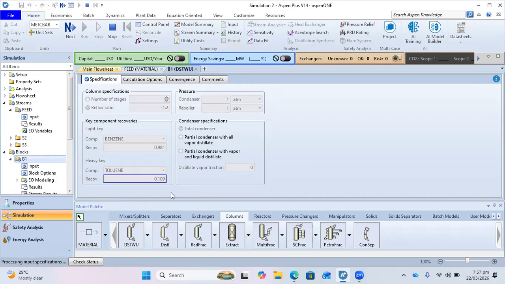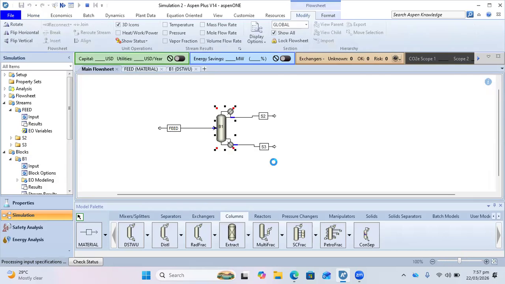It's taking some time to load, but it will come soon. Okay, so our results are available now, so we can check it out.